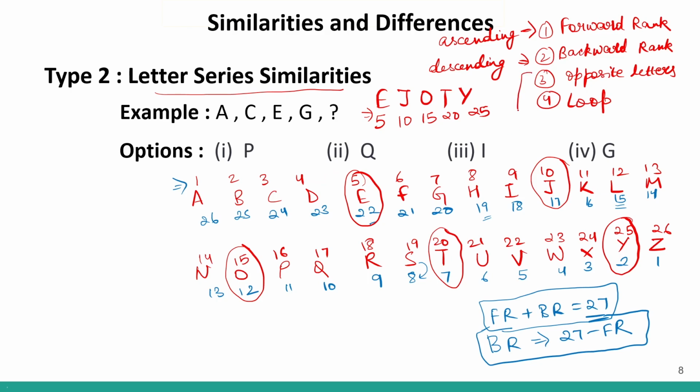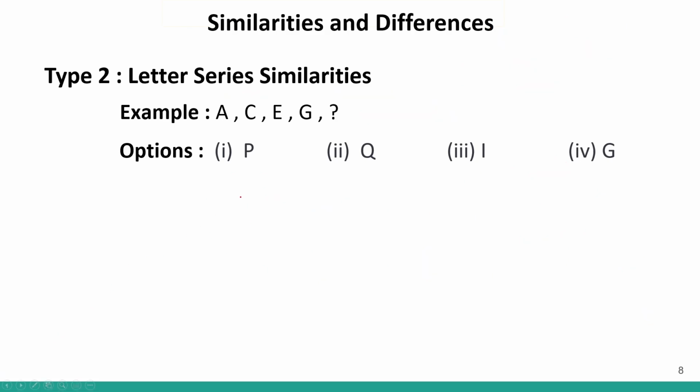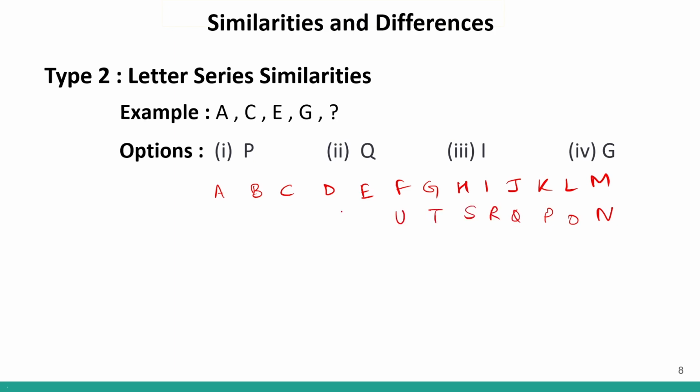Now, the next two concepts: opposite letters and loop. Let us understand. So, opposite letters. If I write my letters like this, A, B, C, D, E, F, G, H, I, J, K, L, M, then N, O, P, Q, R, S, T, U, V, W, X, Y, and Z, then this is the concept of opposite letters.